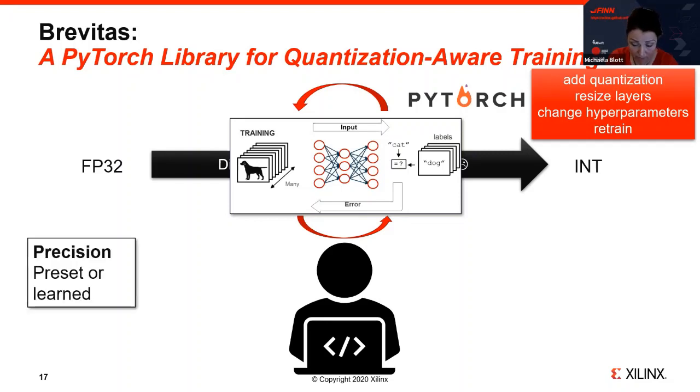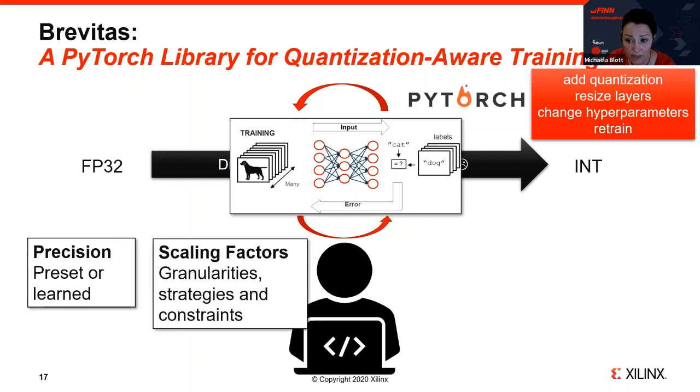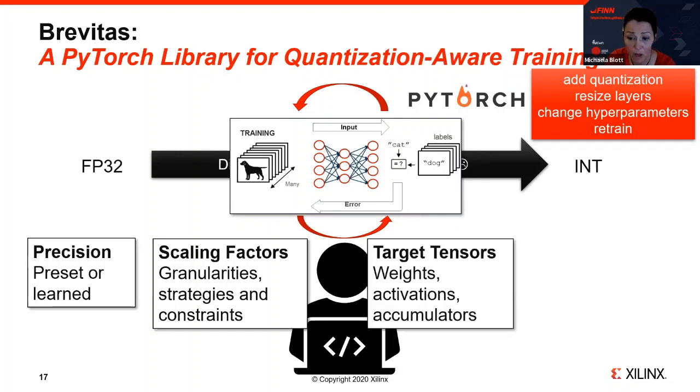So Brevitas is quite flexible in terms of the quantized training capabilities. For instance, you can set the precision for weights and activations manually, or let it be learned using backpropagation. Scaling factors are important for DNNs, and Brevitas lets you apply them with different granularities and strategies. For example, you can set the scope of a scaling factor to be tensor or layer wide. You can quantize weights, activations, and accumulators separately.